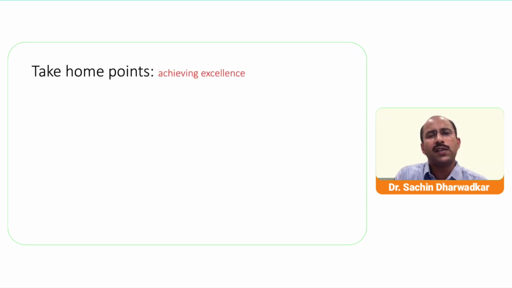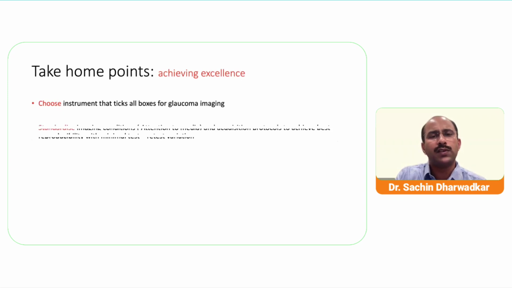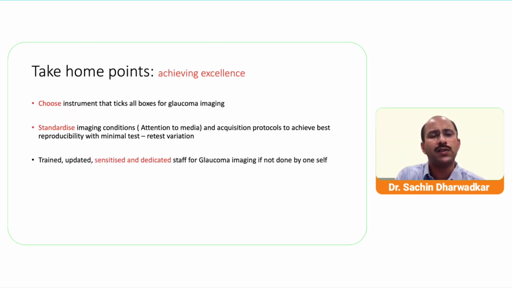Achieving excellence is very, very important because, as we said, the stakes are very high. The effect on patients' quality of life is drastic, and the disease can be blinding. So choose the instrument that ticks all the boxes for glaucoma imaging, and standardize the imaging conditions with attention to media changes over time and acquisition protocols, to achieve the best reproducibility with minimal test-retest variation.